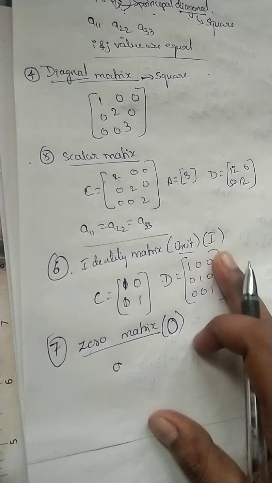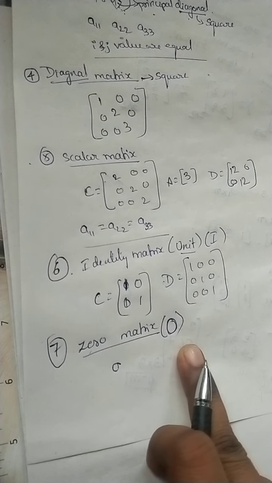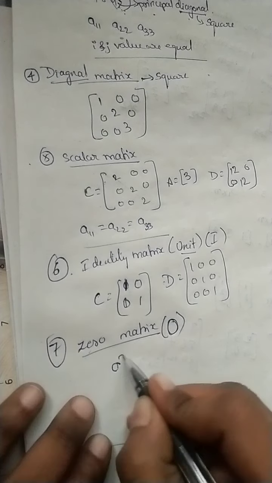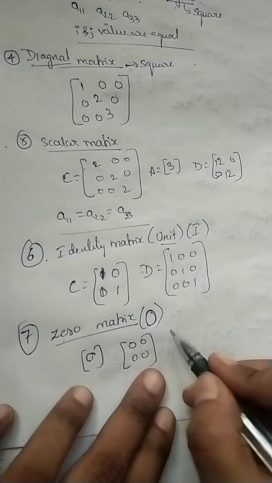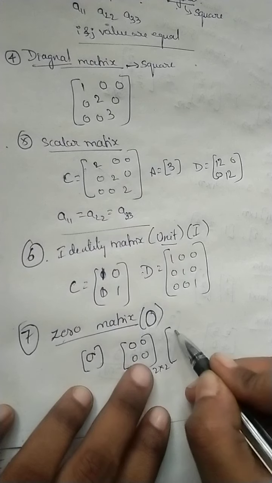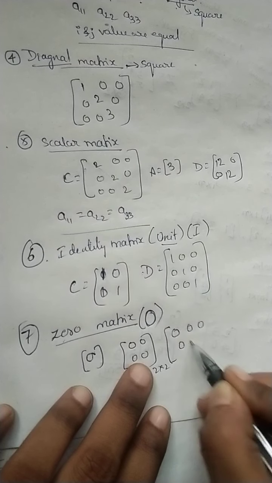Examples are a single matrix, a 2 cross 2 matrix, and a 3 cross 3 matrix.